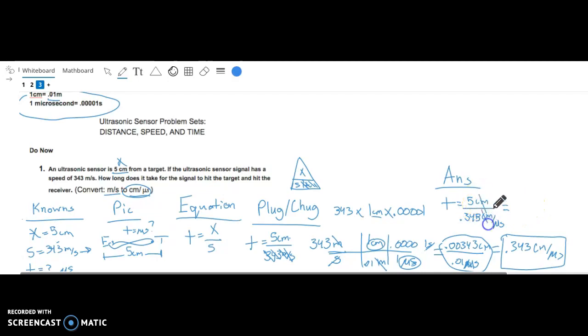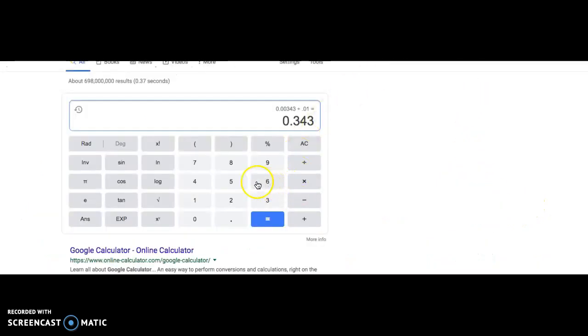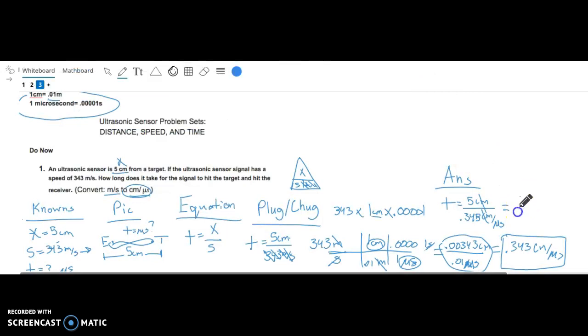And the centimeters are going to cross out. See, now you have 5 divided by 0.343. That's 14.5 microseconds.